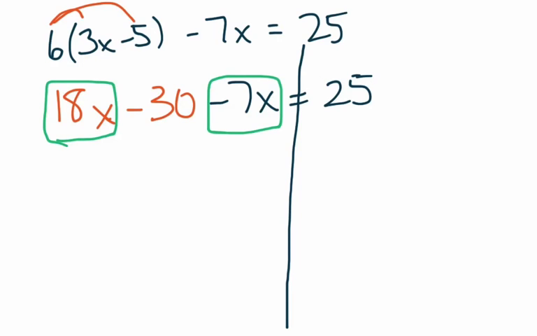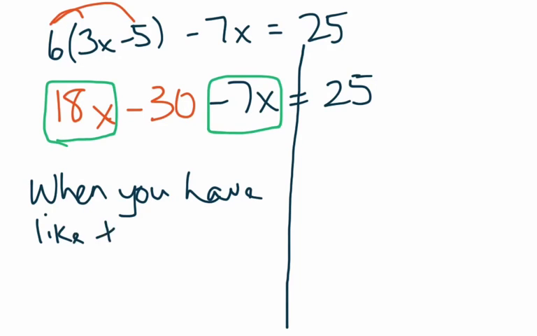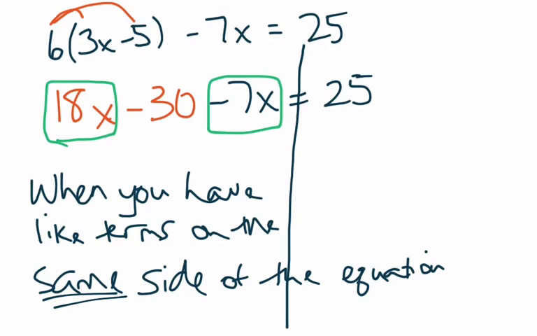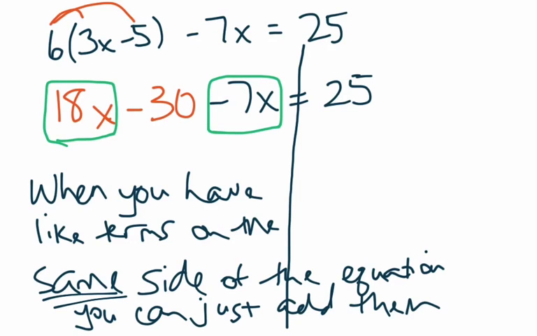When you have like terms on the same side of the equation, you can just add them. You don't have to do anything special.